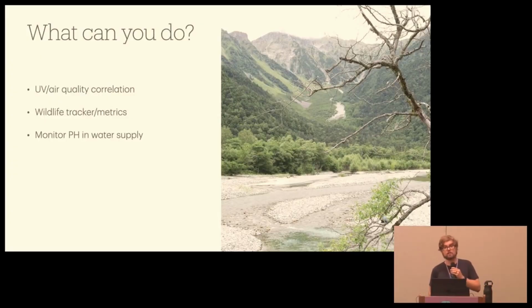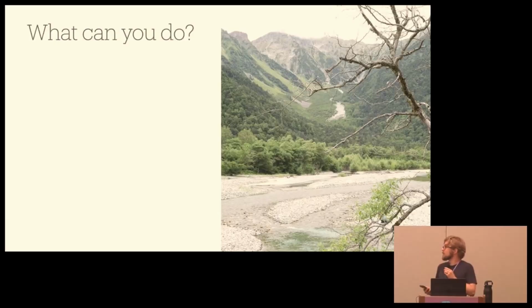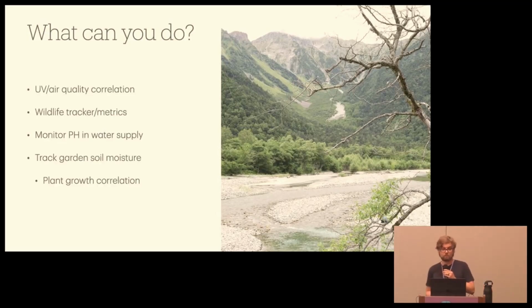You could monitor the pH levels in your water supply or in your garden or the groundwater. You could track the soil moisture for your garden. You could maybe correlate that to plant growth. So there's all kinds of things that you can do with data and tracking data. And I hope that maybe this inspires you a little bit to do a project of your own.